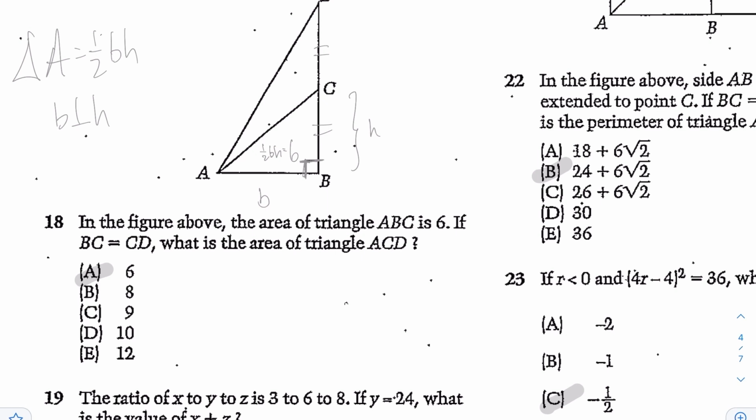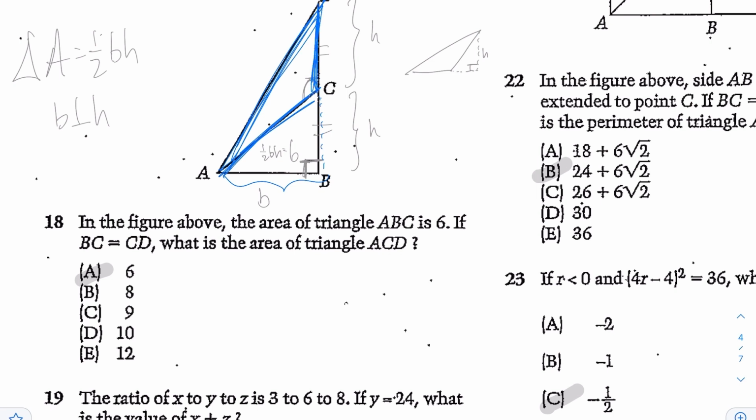Now we know that BC is also equal to CD, so the length of CD is also equal to H. Triangle ACD is actually an obtuse triangle. When you have an obtuse triangle, the height has to be an extended height that is perpendicular. So for triangle ACD, you'll have to actually extend one of the edges, and that piece will be the height, or in this case, called the base.